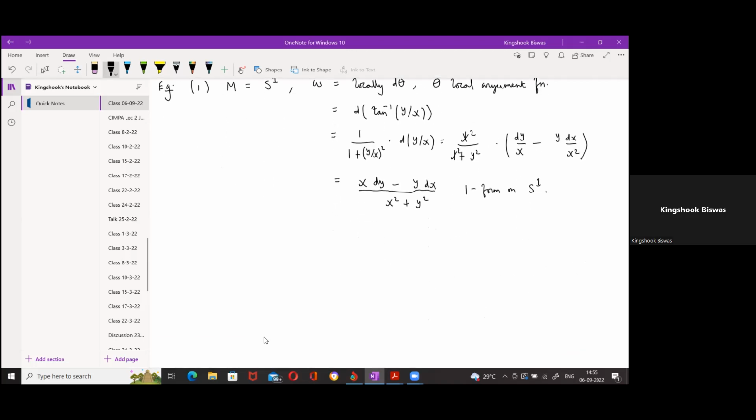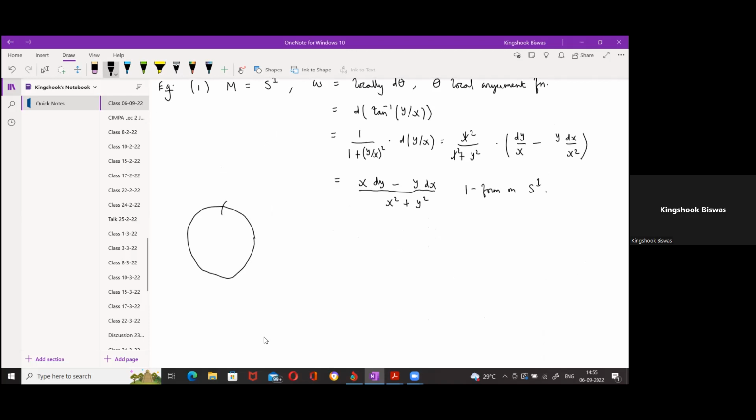And what is the integral of this one form? Well, I can cover the circle by, let's say, pieces where my one form is exact. I'll need something like 3 pieces.